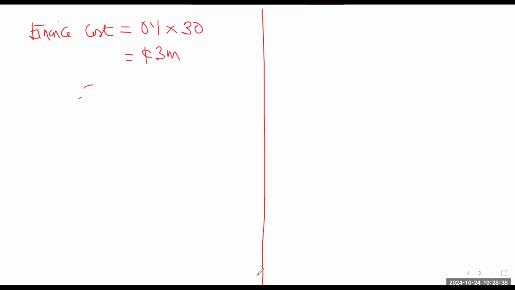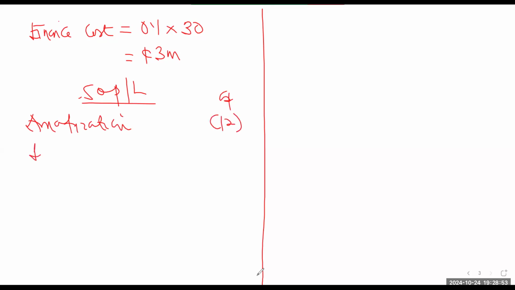So in the statement of profit or loss of the entity, what are we going to be having? We are going to be having amortization expense of 12 million, and we have finance cost of what? Finance cost of 3 million.